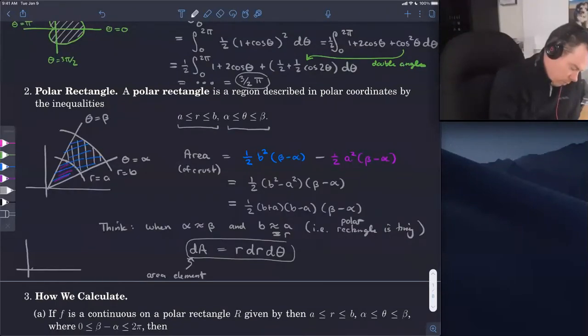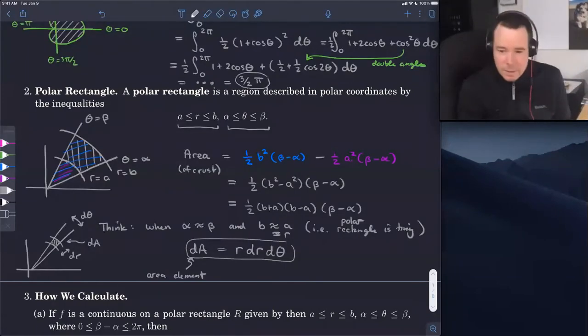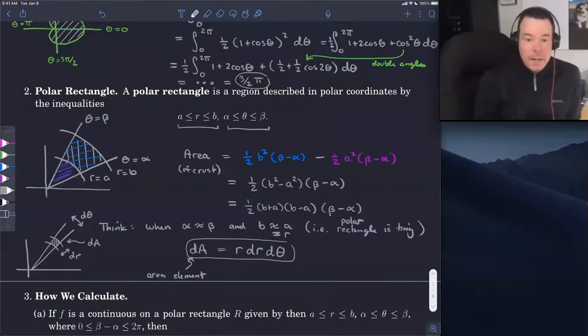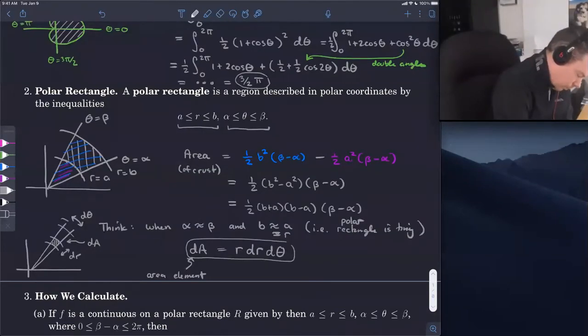So that's our tiny little polar rectangle. I'll draw it out here. We've got really thin angles, so this is our change in our angle, and then we've got our change in our radius. And that's our area element, that we're just working out now, how much area is there. That's our dA. And it does depend on r, right? The closer I slide this to the origin, the smaller the area is going to be. If I slide this whole thing further away from the origin, even though the dr is the same, this area is going to be bigger.